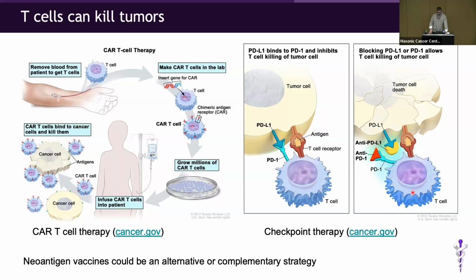And then a related therapy, checkpoint blockade, which has also been very prominent in the last 10 years, essentially works by overcoming the tumor's natural resistance to the immune system by blocking the signaling molecules that essentially tell the immune system that a tumor cell is not foreign, that it shouldn't be attacked. So you're removing that inhibition so that the immune system is able to recognize and attack tumors again.